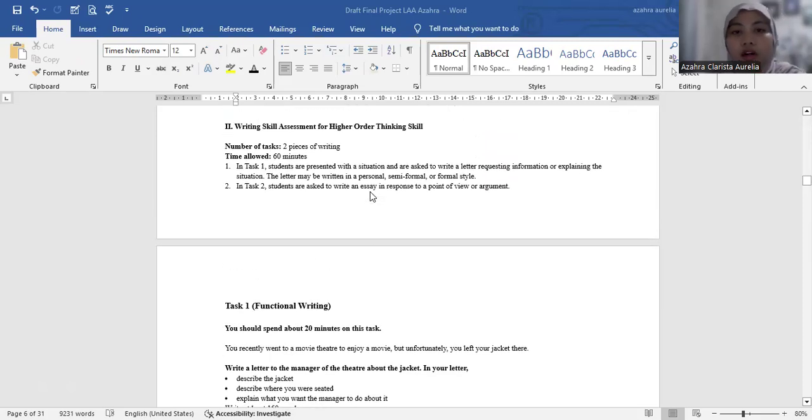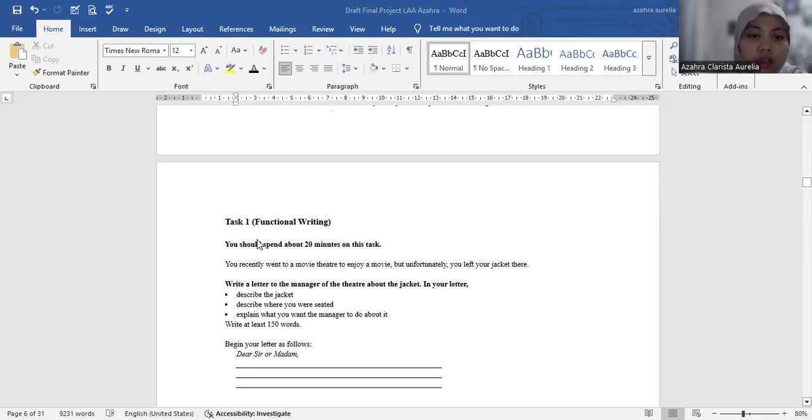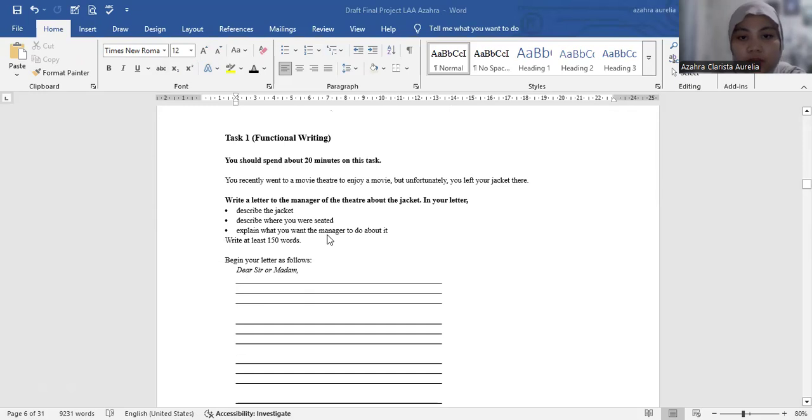Here there are also two tasks for 60 minutes. The first task is for 20 minutes. And the first task is functional writing. The students have to write a formal letter about a lost jacket.